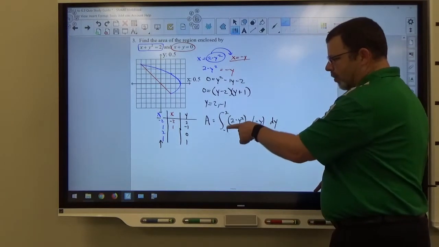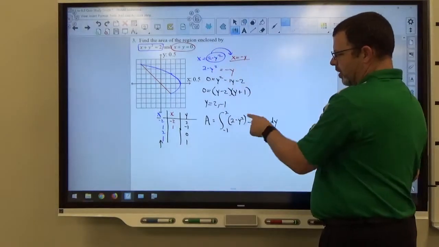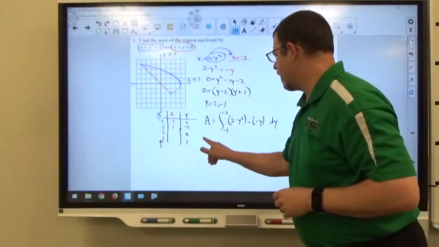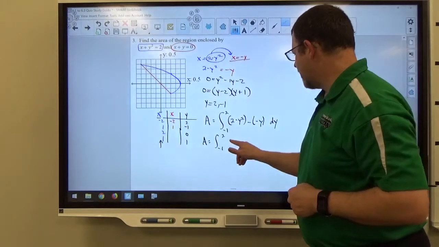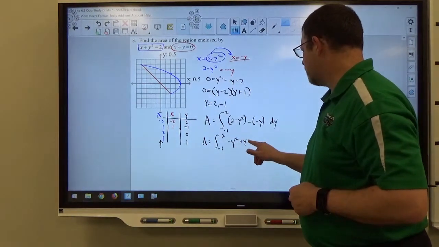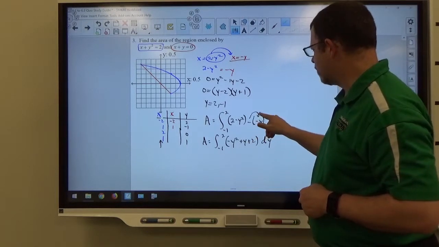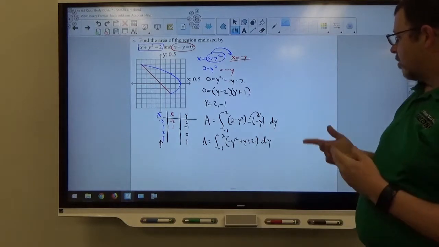I made a y interval here, so I've made both functions about y. I'm just putting these expressions in, the rightmost minus the leftmost function. Once again, simplification before I start evaluating: negative 1 to 2, I'm going to get negative y squared plus y plus 2 dy. Notice this minus minus y makes the plus y. The y squared is negative, the 2 is positive. At this point I integrate.